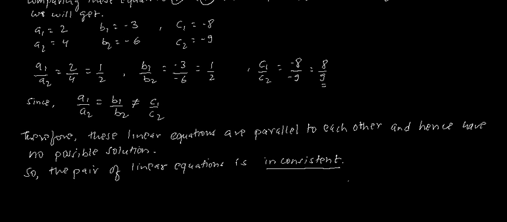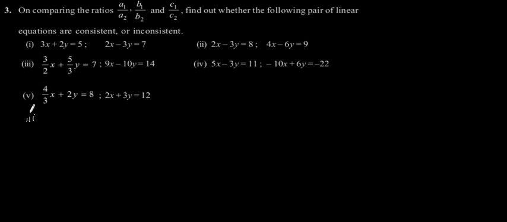Now third problem. Third is 3 by 2x plus 5 by 3y is equal to 7, or 3 by 2x plus 5 by 3y minus 7 is equal to 0.